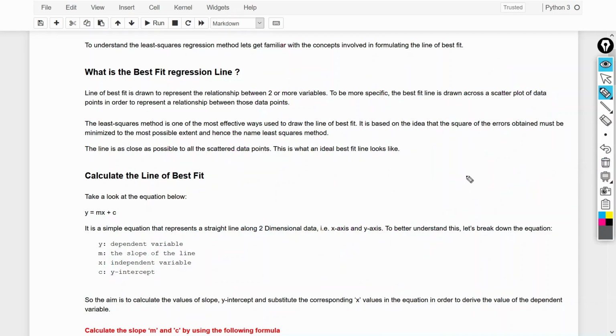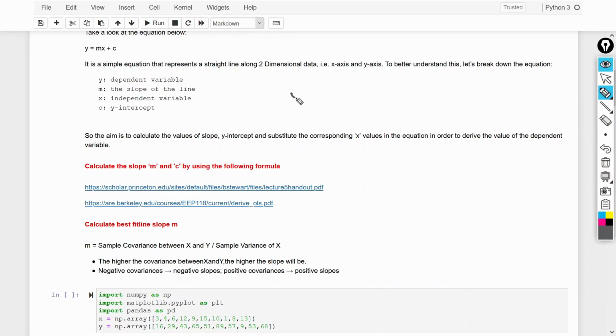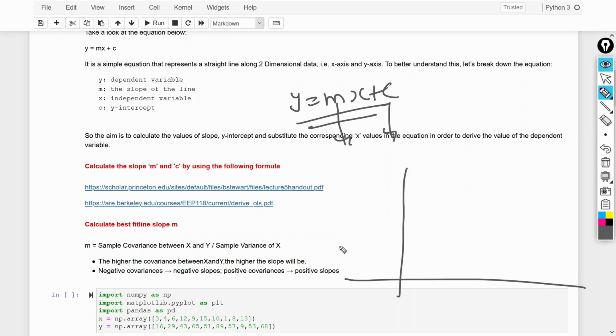I hope it is clear now to all of you. This is what we use in the statsmodels library. If you see here, I am going to use y is equal to mx plus c, right? In the statsmodels library, how do we calculate the m and c? If we draw this particular line, this will be your c and this slope will be your m. First we have to calculate the m and c, then we can check the distance.